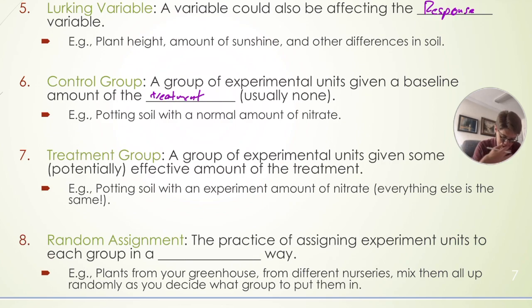That's just sort of the baseline. The treatment group is a group of experimental units given some potentially effective amount of the treatment. This is what we're trying to study. Does a greater nitrate concentration in the soil have an effect on the production of the plant?